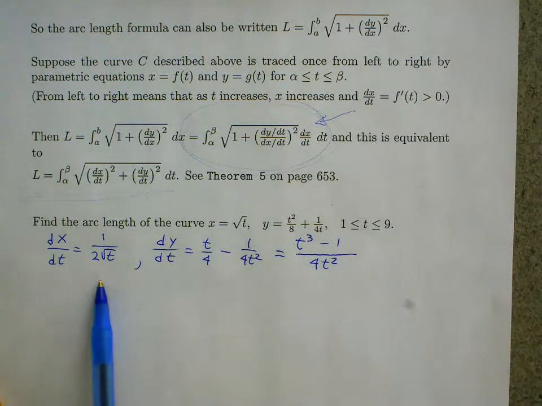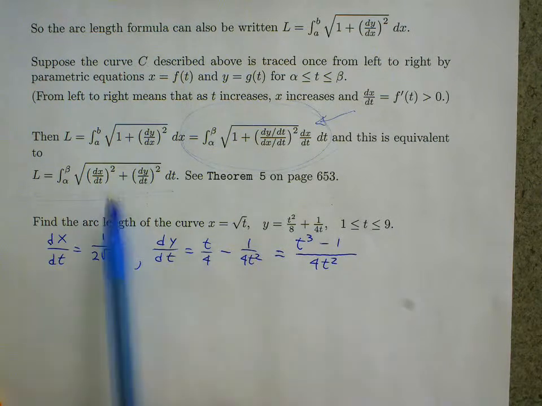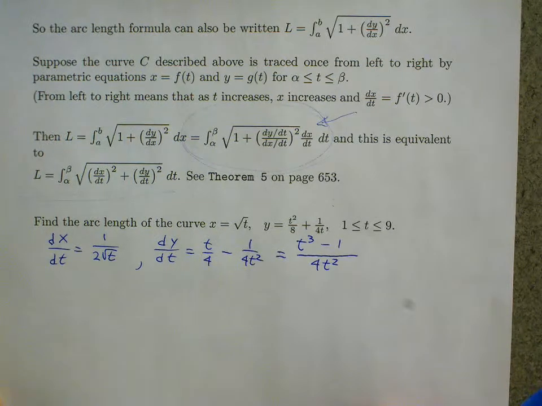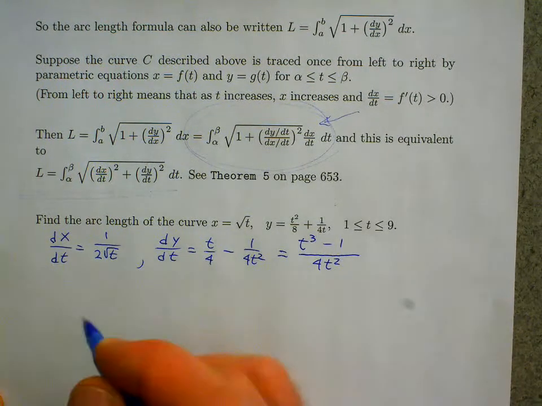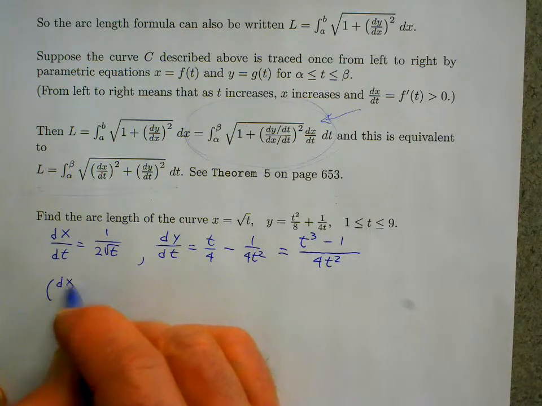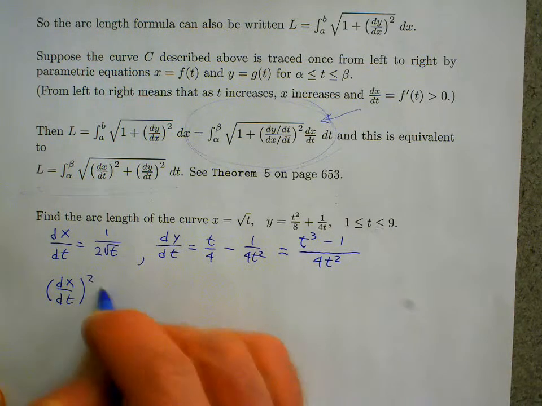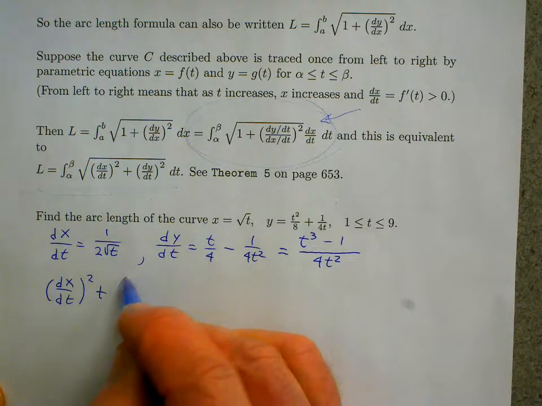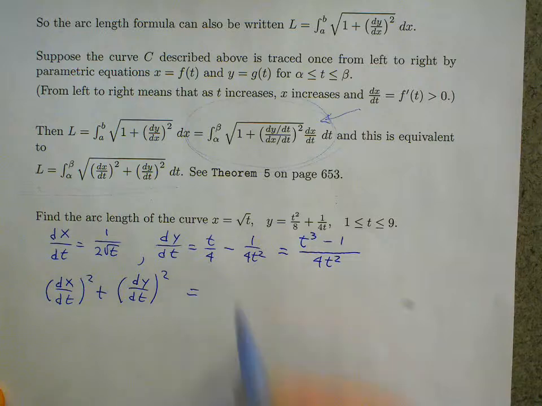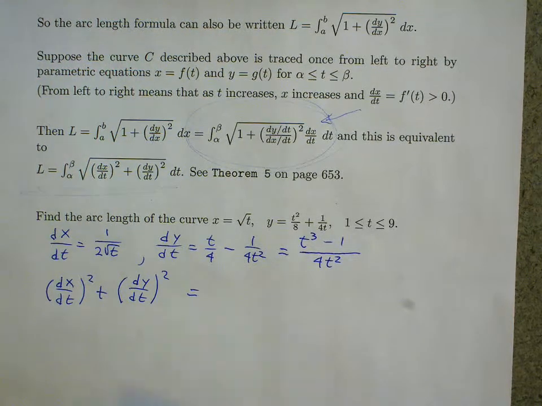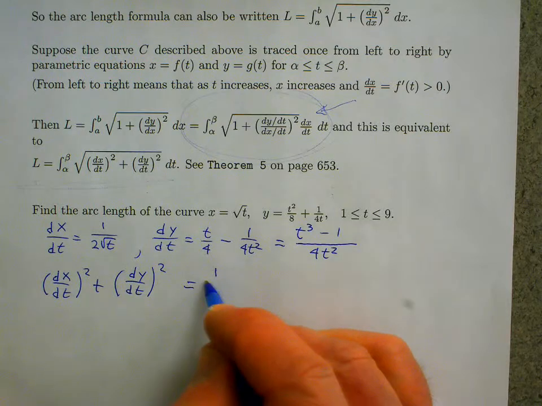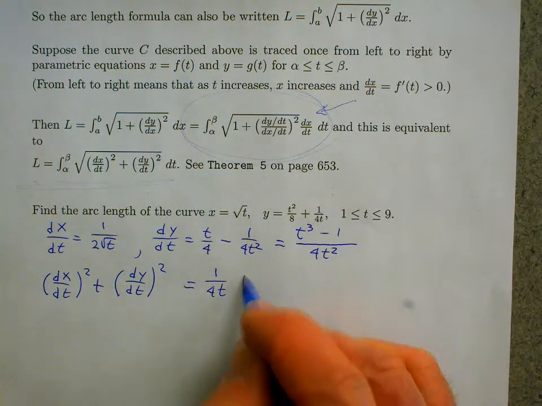We need to square each of those and then add them together and put them inside the square root. So why don't we do that in this step? Let's square dx/dt, add it to the square of dy/dt. Okay, so I'll do half of it. The square of dx/dt is just 1 over 4t, and you do the other half.